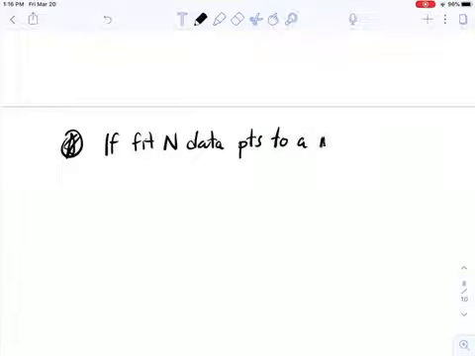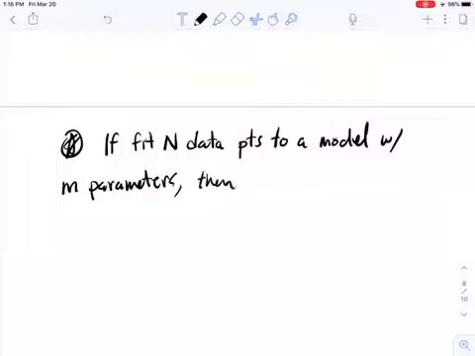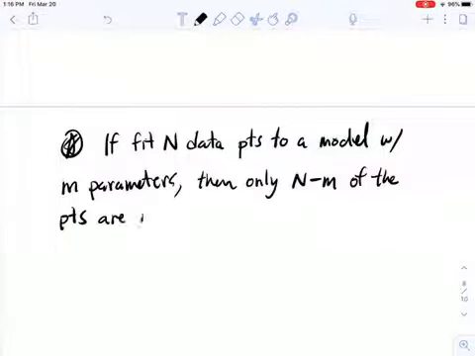The result is, if we fit n data points to a model with m parameters, then only n minus m of the points are independent.